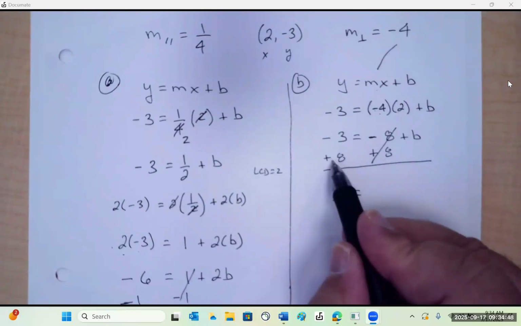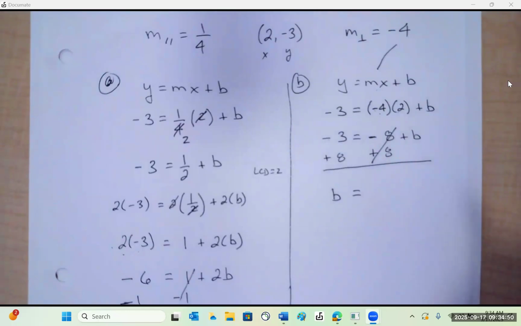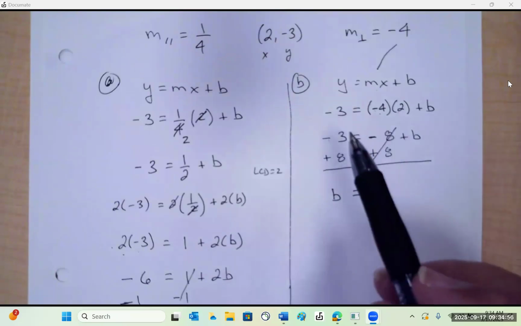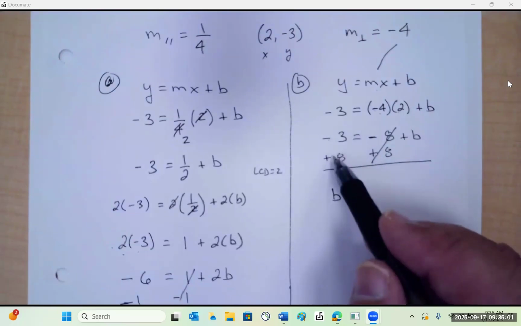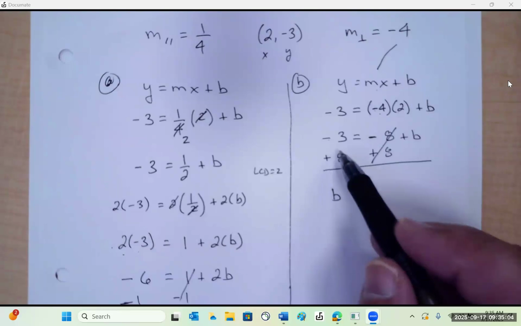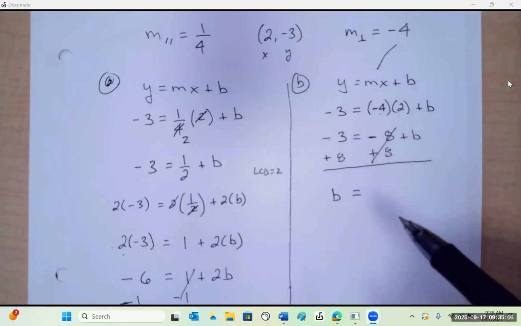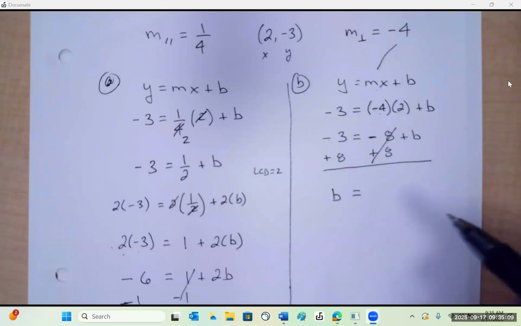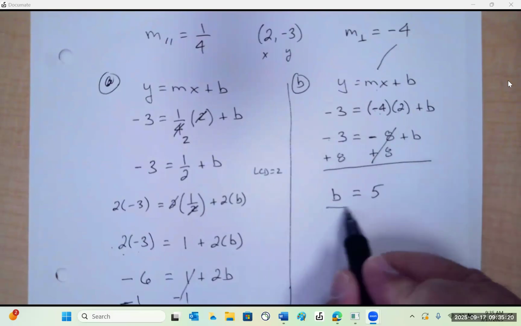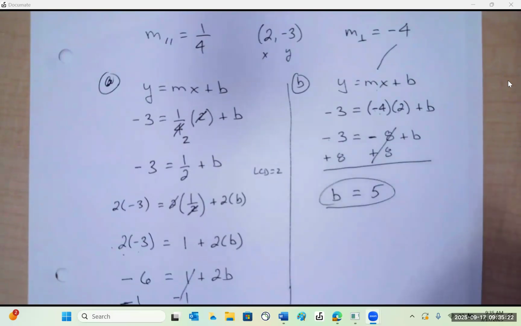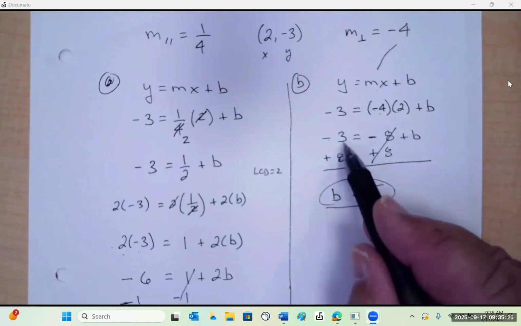B. We have positive and negative. If the signs are different, what do we do? Take the sign of the bigger number. It's positive, so the answer is going to be positive, and do what with the numbers? What math operation goes with difference? Subtraction. So now we subtract the numbers. 8 minus 3 is 5.